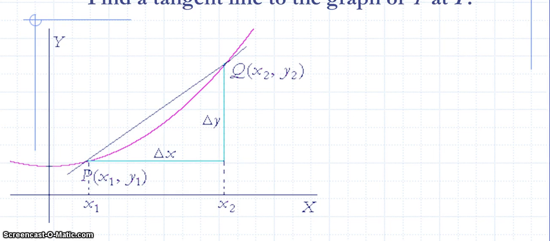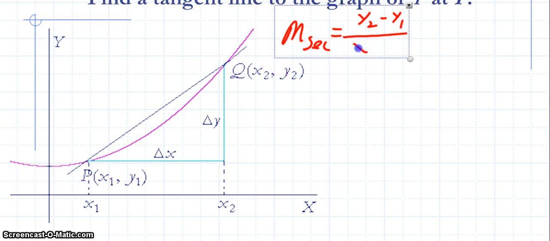So first, let's talk about finding the slope of the secant line. Well, I know the slope of the secant line is y2 minus y1 over x2 minus x1. And so now I need to do a few substitutions. So I'm going to point out a couple of relationships.